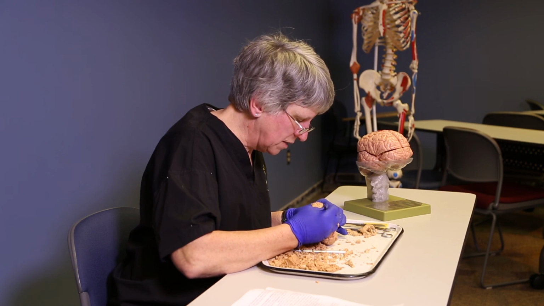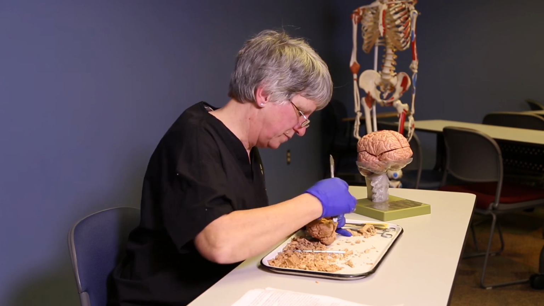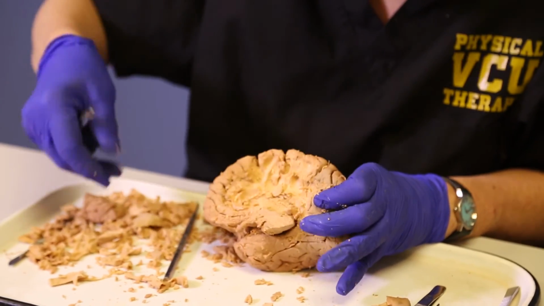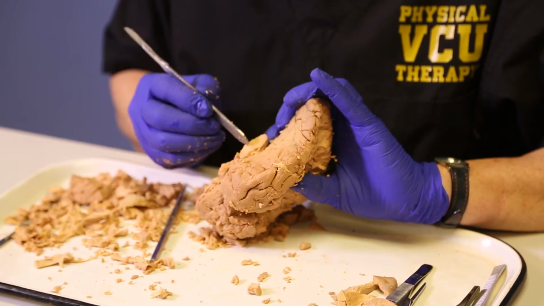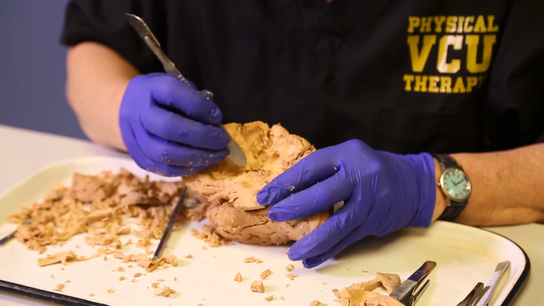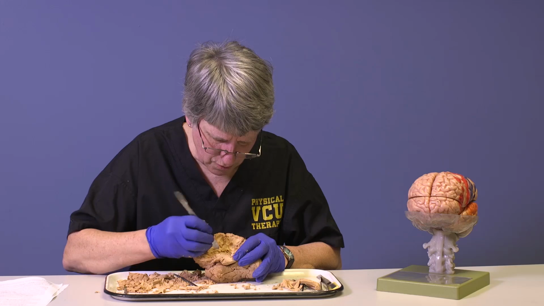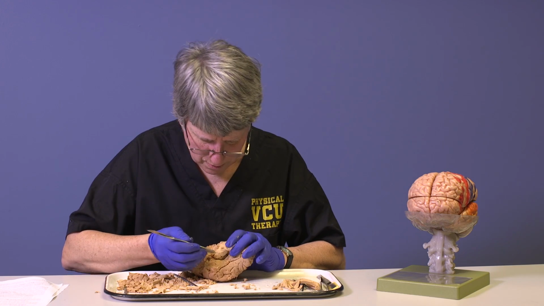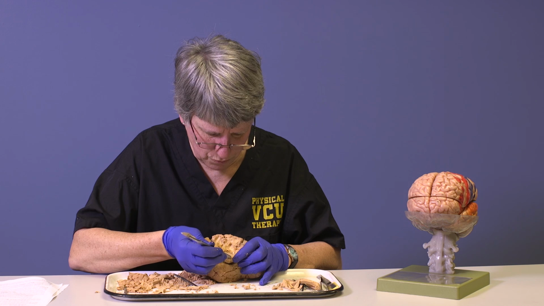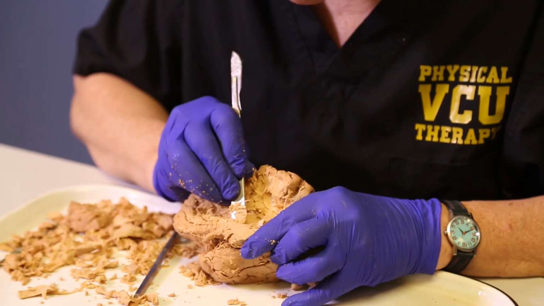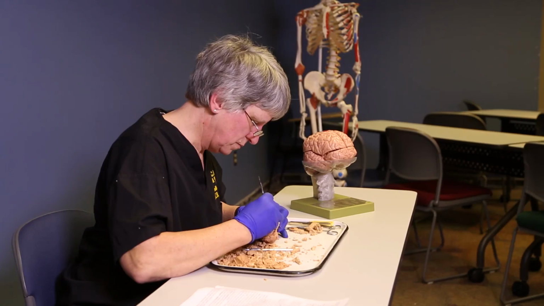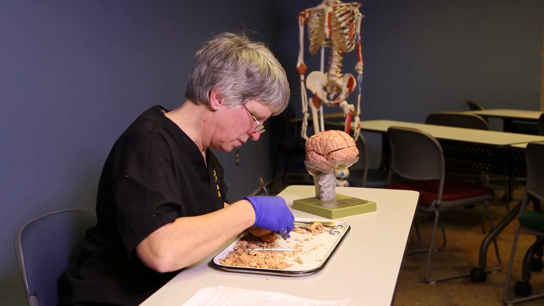If we were to remove the thalamus, we might see that a little bit better. So taking out the thalamus. There's the midbrain. So everybody's trying to go down through the cerebral peduncles, which are right there. So they're going that direction. There it goes.